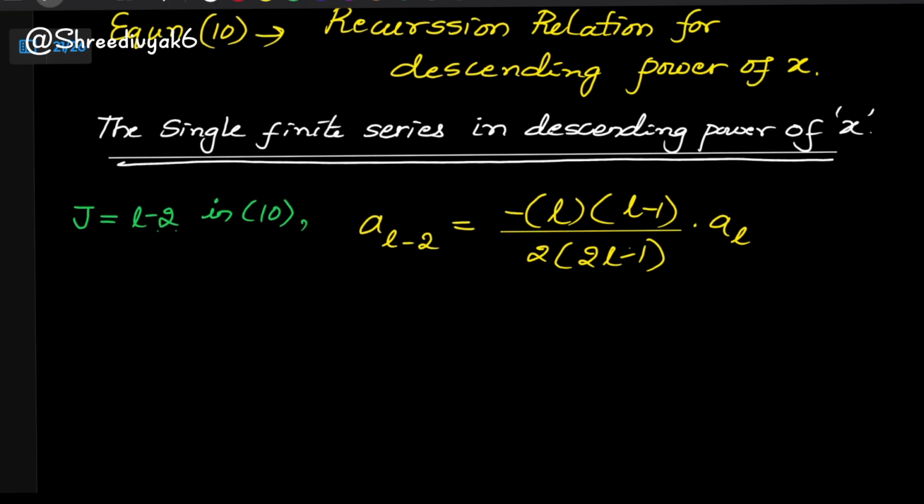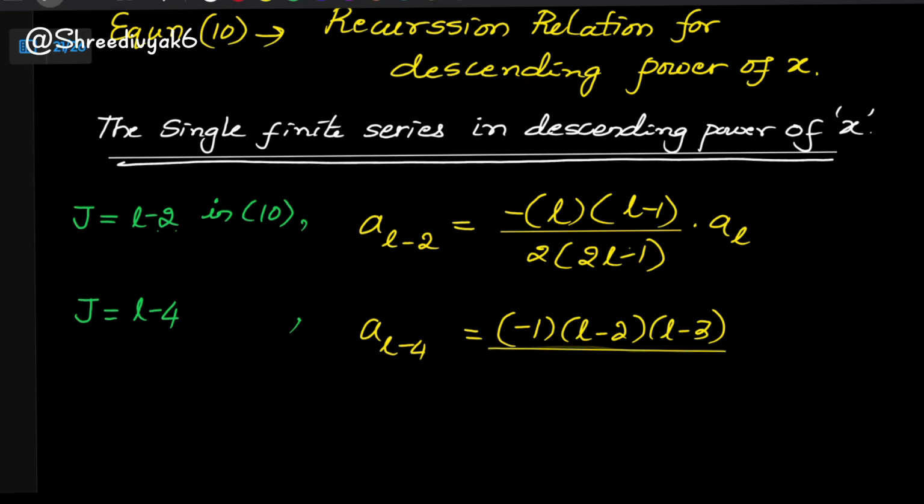Again, for the next value of J, I'll substitute the value of J as L minus 4. Again, the new coefficient A L minus 4 will be minus 1 into L minus 2 into L minus 3 whole divided by 4 into 2L minus 3 into A L minus 2.